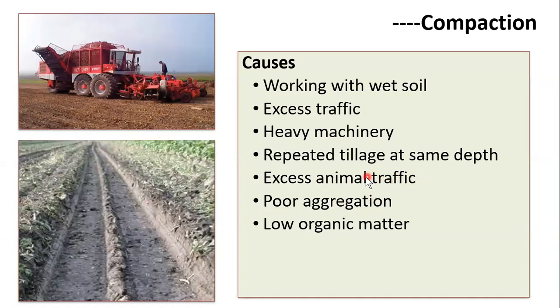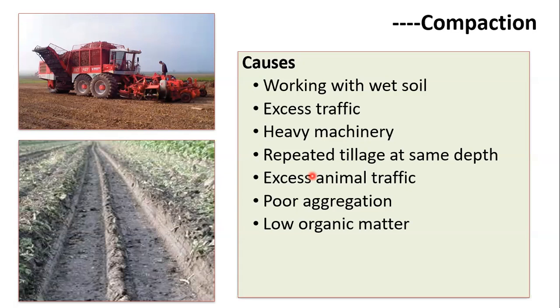If we are tilling at the same depth repeatedly, that can also cause compaction, because the pores will be clogged with clay particles, and hardpan formation can cause further compaction.